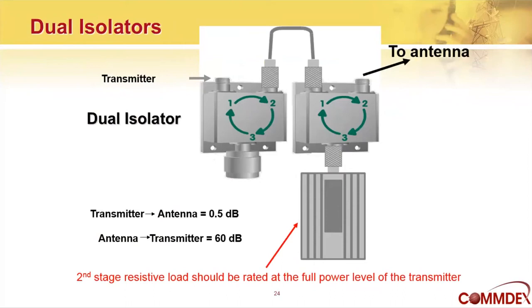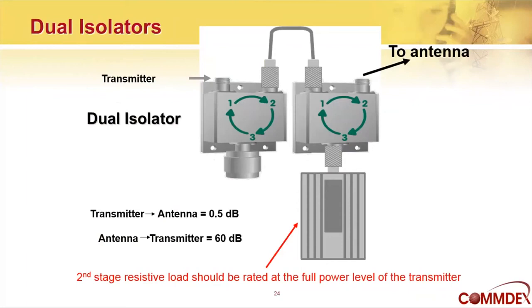So you usually don't see these by themselves. You'll oftentimes see them in series because that will provide better isolation. So you take the output of port 2, and instead of going straight to the antenna, you go into port 1 of a second isolator, and then take port 2 from that one to the antenna.